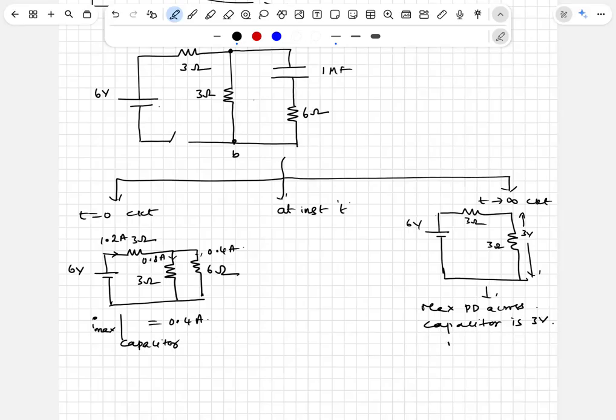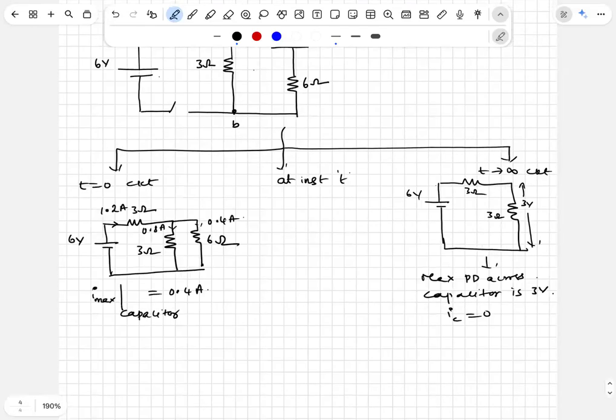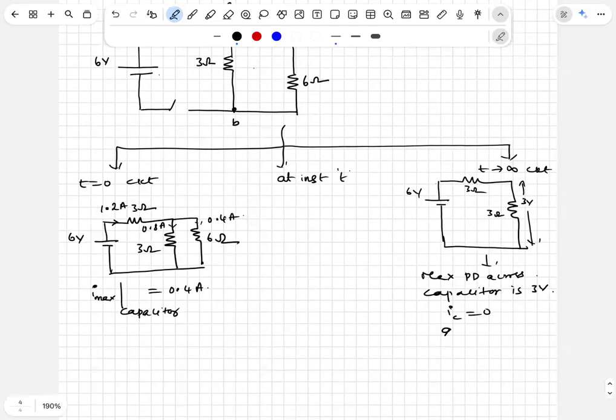And at this stage, no current passes through the capacitor. That's called steady state. Now, what is the maximum charge across the capacitor? Simply CV. I have given 1 microfarad and the drop is 3 volts. So therefore, 1 microfarad into 3 volts is 3 microcoulomb. That's the maximum charge.